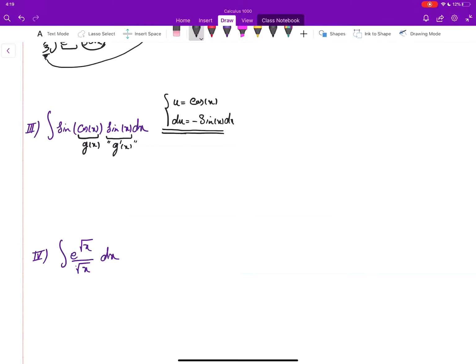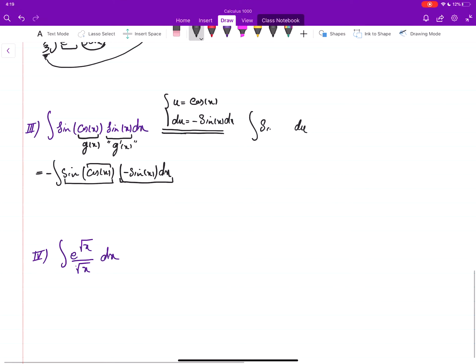And how am I going to generate that negative sign? Okay, I will do this. Multiply negative to sine. But since I don't want to change the integral, I will multiply the whole integral by another negative sign so that they cancel each other. Now, this piece is du. This is sine of u.